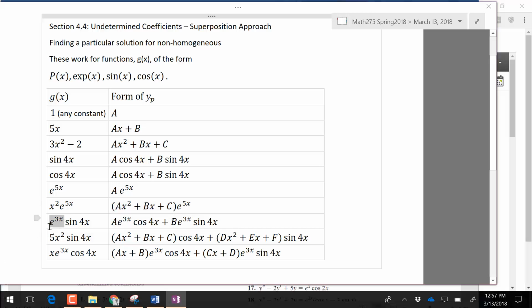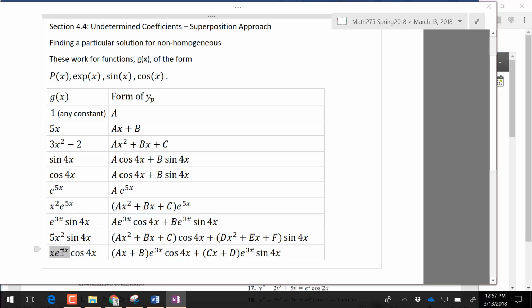An exponential times one of the sine or cosine functions will be the combination of the sine and cosine functions with that exponential. Again, any polynomial involved will generate a general polynomial times a cosine and times a sine. It gets really bad with those polynomials because you generate more and more coefficients that you eventually have to solve for.